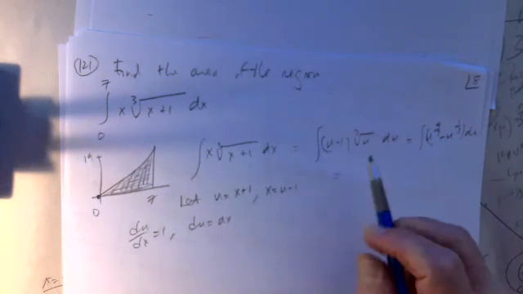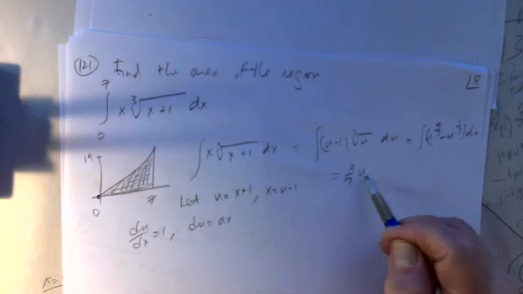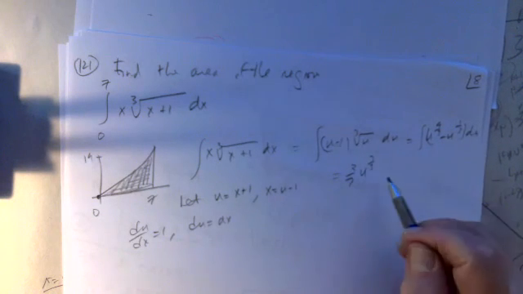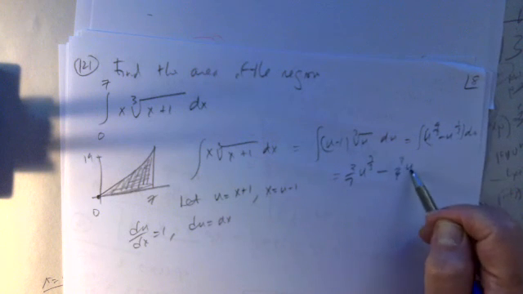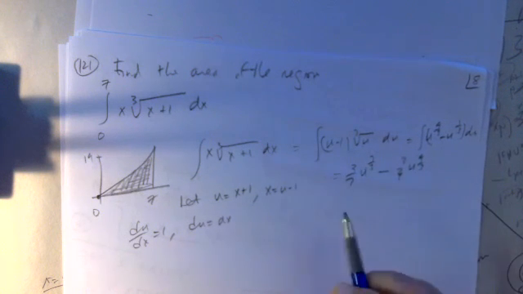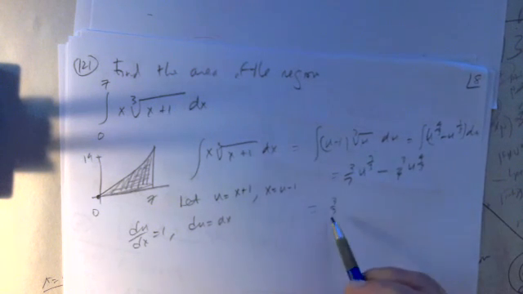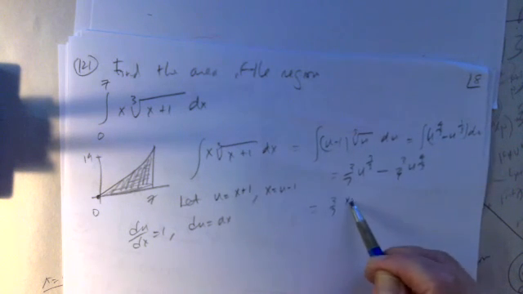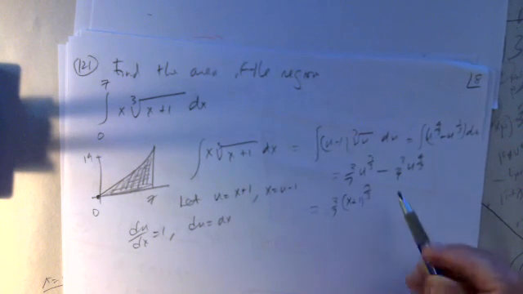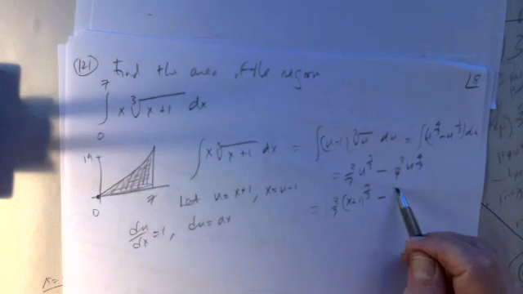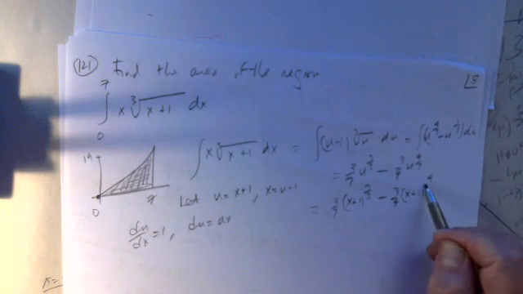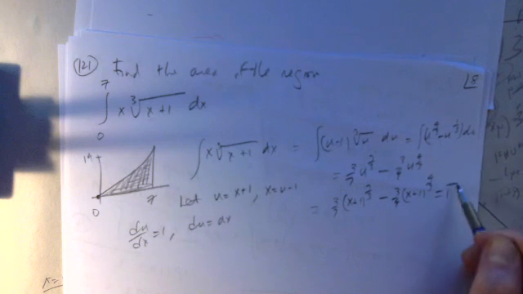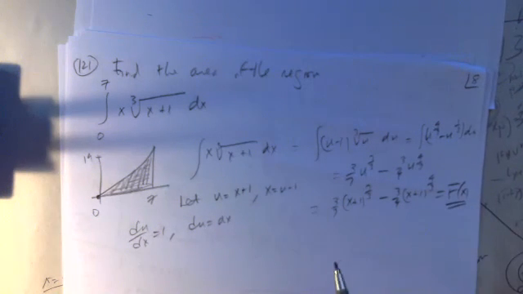The integral of u to the 4/3 is 3/7 u to the 7/3, and the integral of u to the 1/3 is 3/4 u to the 4/3. So this is 3/7 (x plus 1) to the 7/3 minus 3/4 (x plus 1) to the 4/3. That's my function, capital F of x, the indefinite integral.